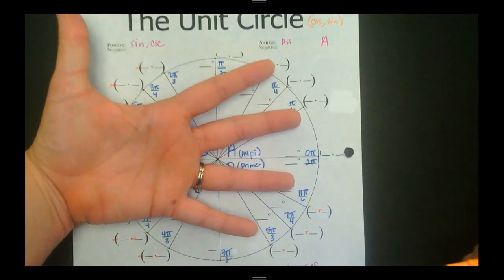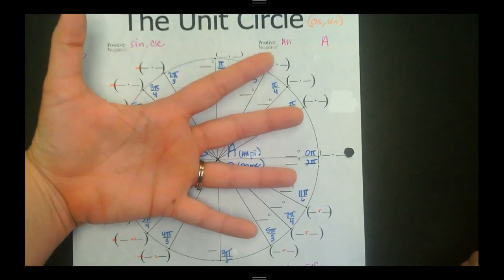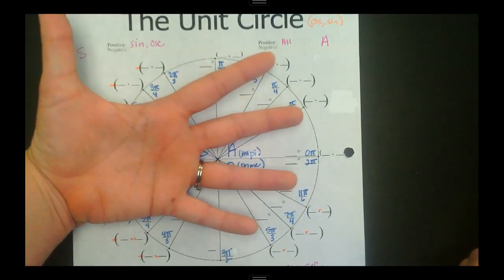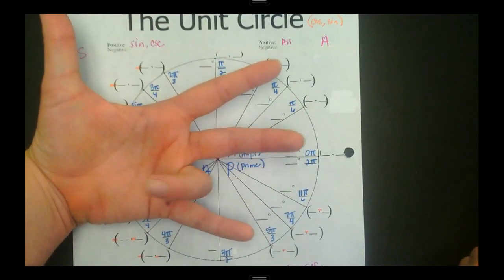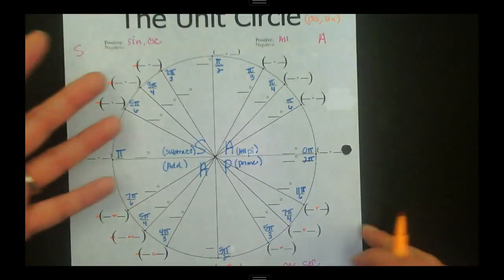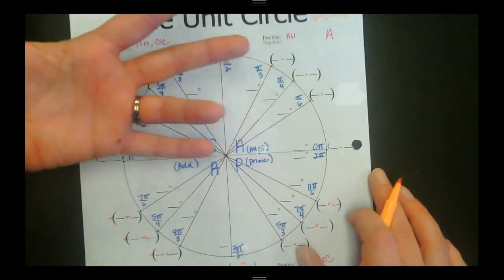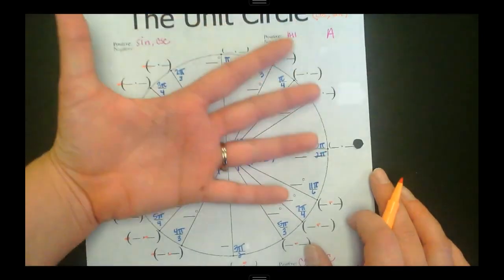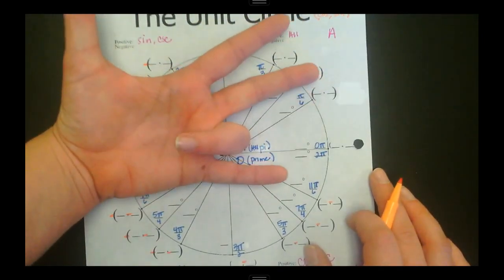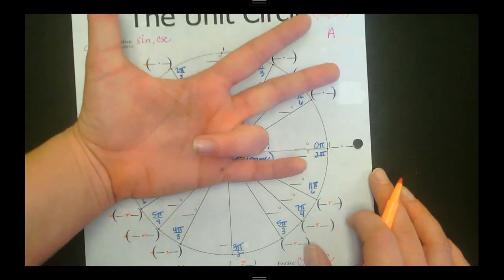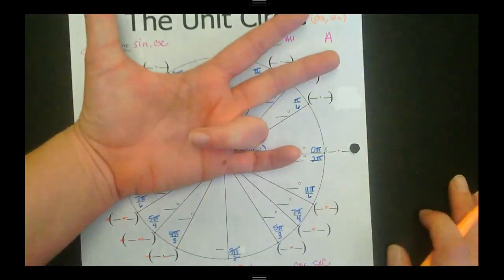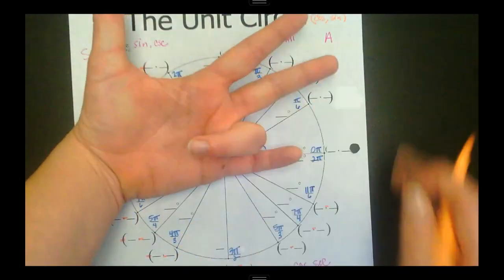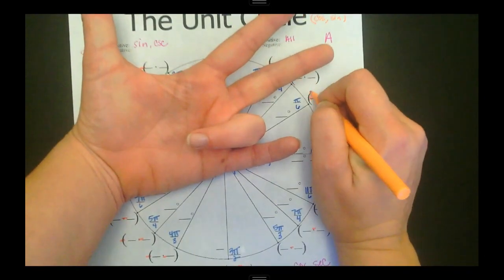What you need to remember is we are going to take the square root of the top number over the bottom number. Okay, so if I want to find the 30 degrees, I'm going to put my 30 degrees down, which would be this finger. And I'm going to take the square root of these numbers, so it'll be the square root of 3.